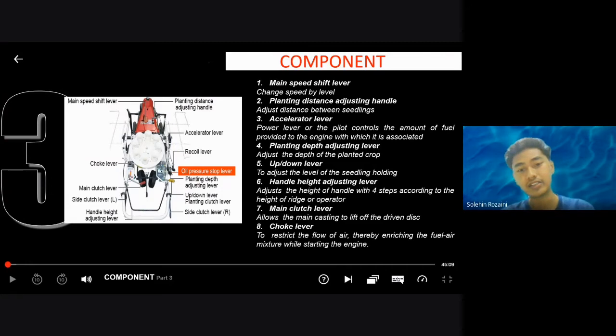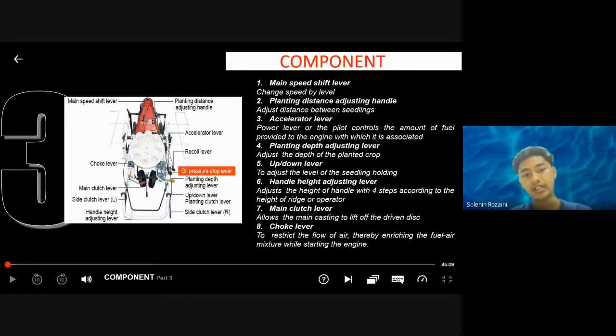Okay, next is the planting depth adjusting lever to adjust how deep the crop is planted. Let's say we want the depth to be 2 inches, 3 inches. We can adjust it. Okay, the next is the up down lever to adjust the level of the seedling holding.